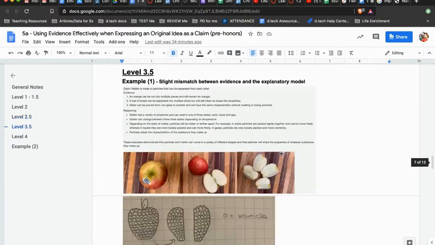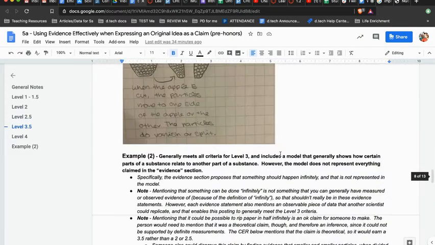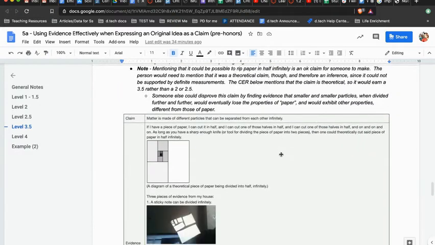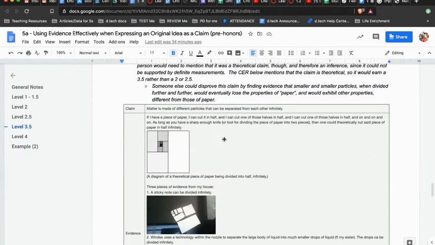Okay. But if you look down here a little further, this posting right here does also mention infinity. But they're actually making a more specific claim than most other people: matter is made of different particles that can be separated from each other infinitely. Yet in the evidence, at least in this first one, they provide a really specific example of data that I could actually go repeat.